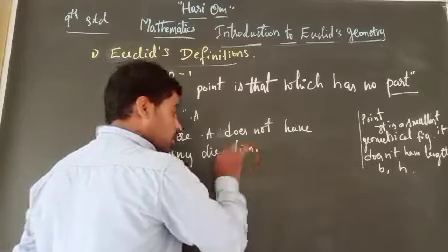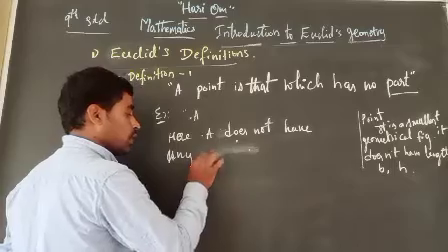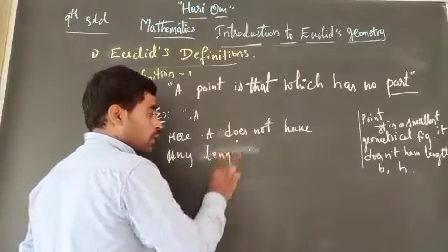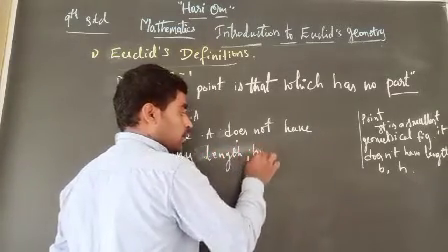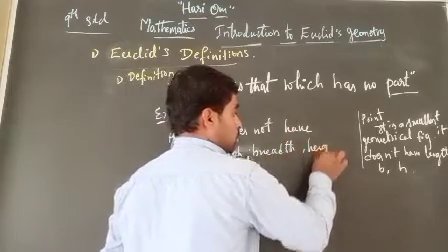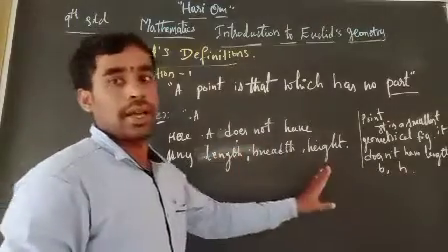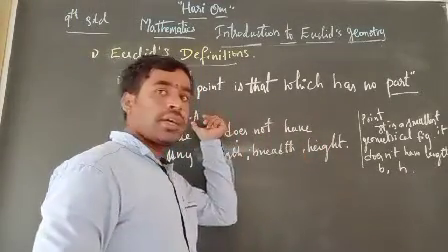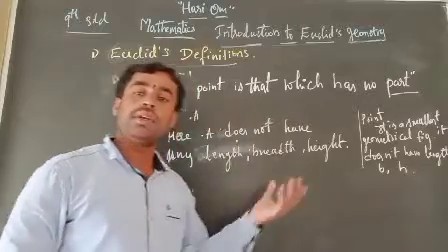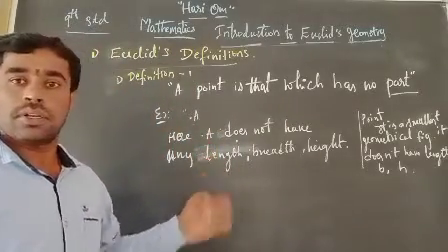That means we can also write that it doesn't have any length, breadth or height. Here, part is nothing but length, breadth and height. So this point A, which I have taken as an example, doesn't have length, breadth or height. Is it clear, students? Take down this one.